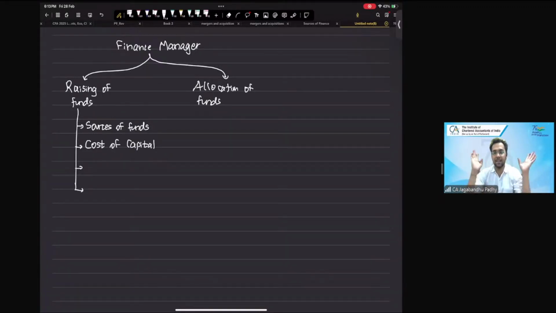Now, once you have decided that these are the sources of funds which have the lowest cost, what should be the next step? Out of those 15 sources of funds, let's say you have shortlisted 3 sources of funds which are of less cost to you.